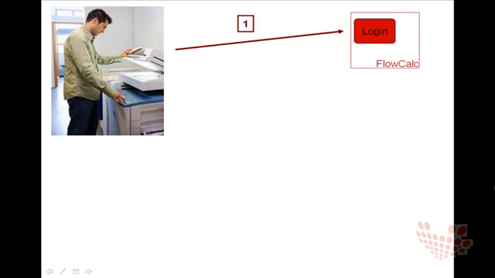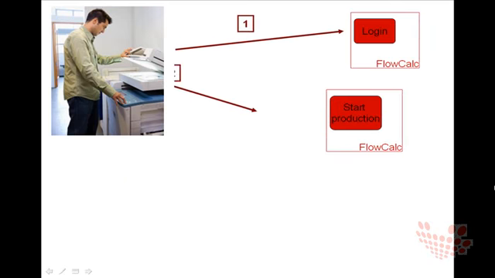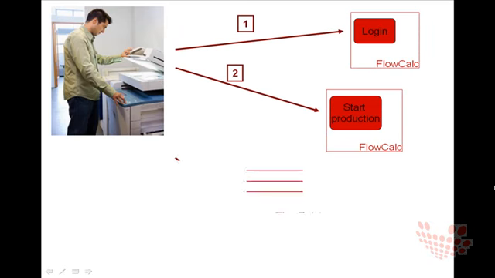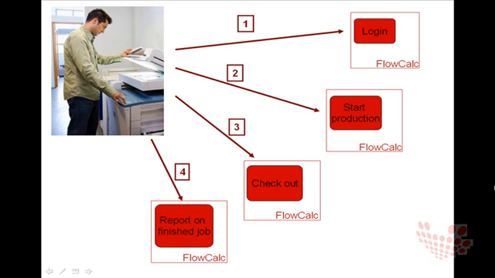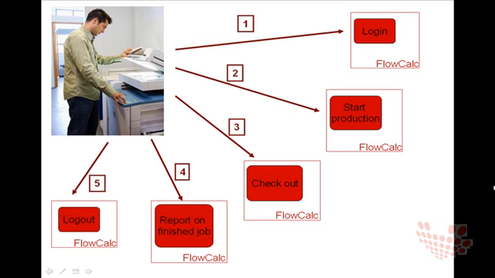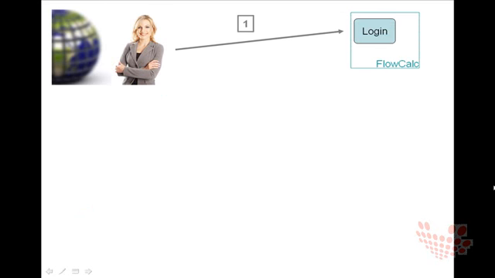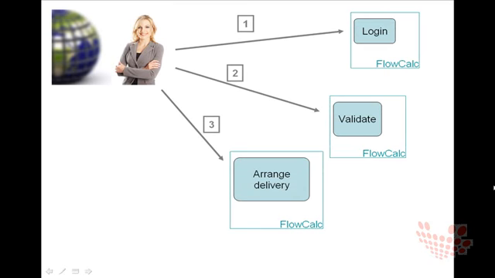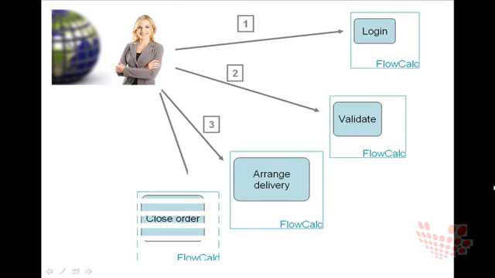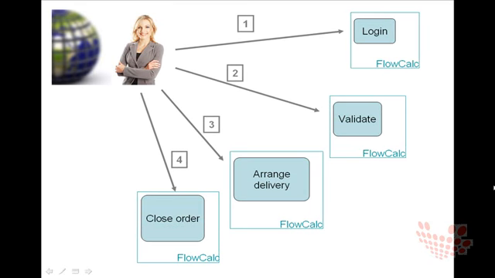Then John logs in, starts the production, checks out when done, enters details about the job, and logs out. After this, Lisa logs in again, validates John's work, arranges delivery, and finally closes the order before she logs out.